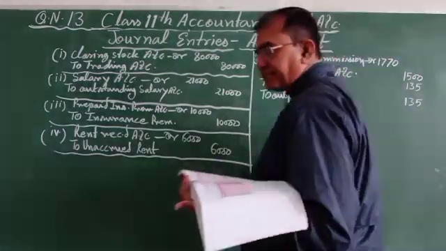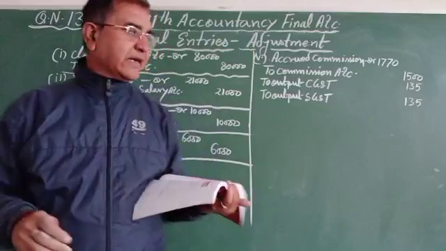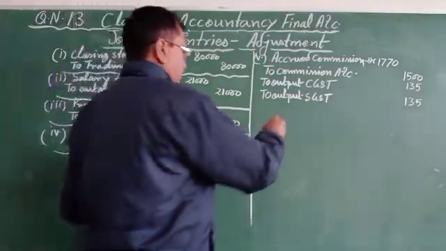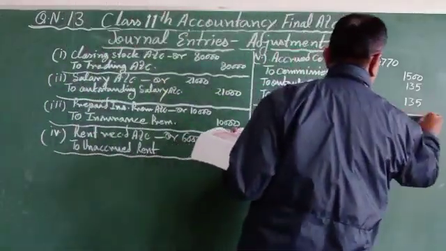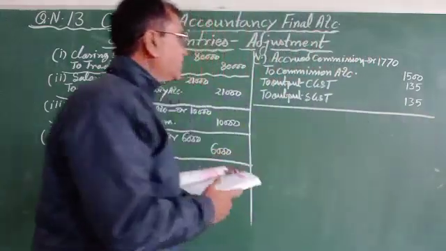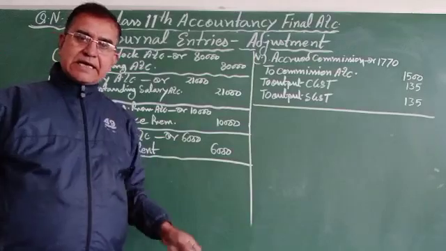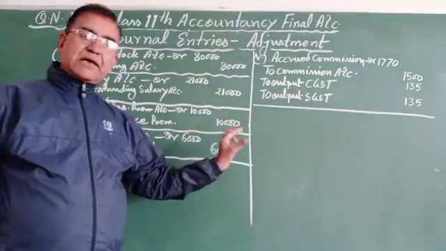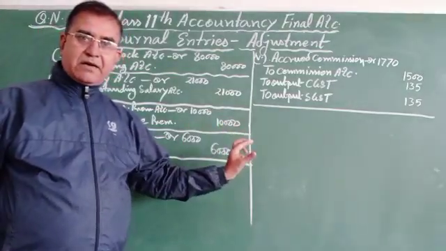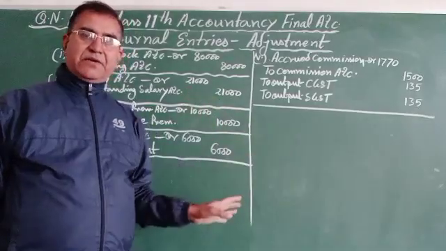1770. Now see over here, dear children, that's the amount. Because this one is the accrued commission. This is earned during the particular accounting period but not received.